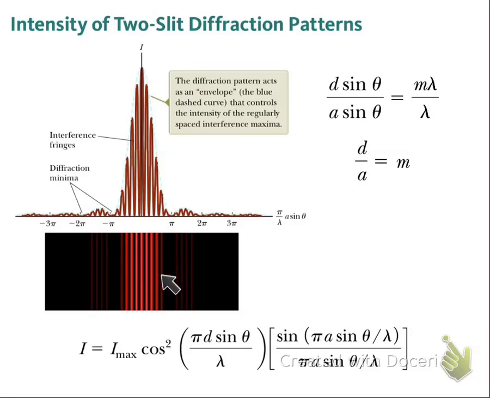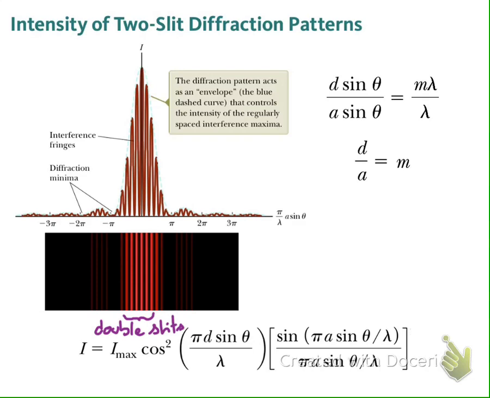This is an example of the combination of the interference and diffraction pattern. This fringe, the bright and dark fringe, is the interference pattern from the double slit.